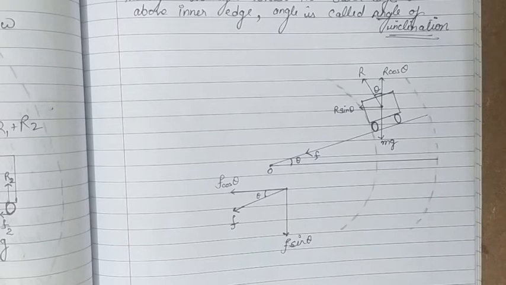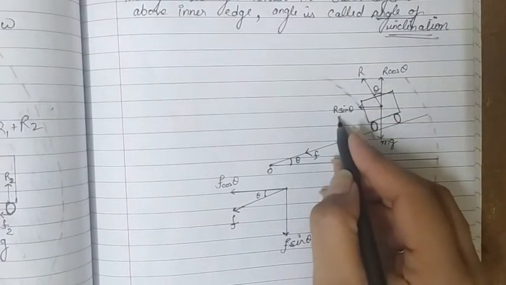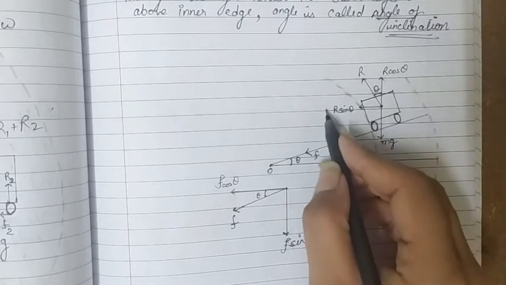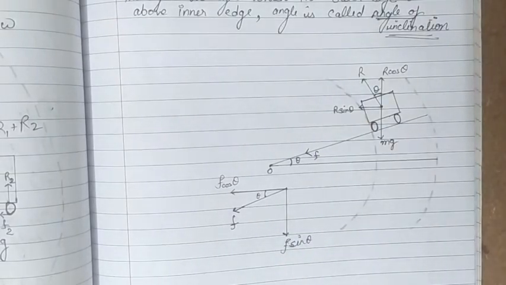Because of that, the centripetal force does not depend only on friction, so even with less friction it will work. We can reduce the amount of friction, or the wearing out of tires, because we can provide the required centripetal force by this component of normal reaction.